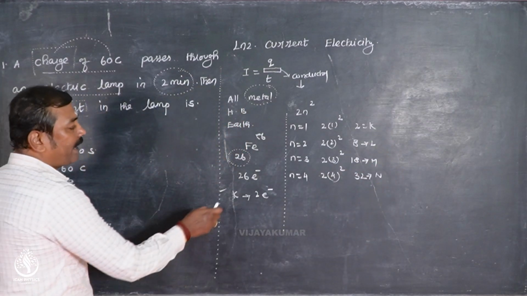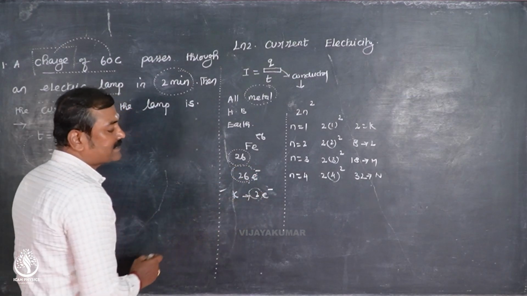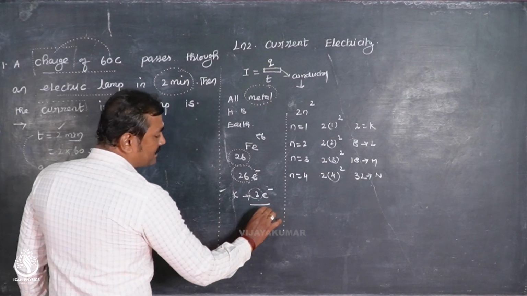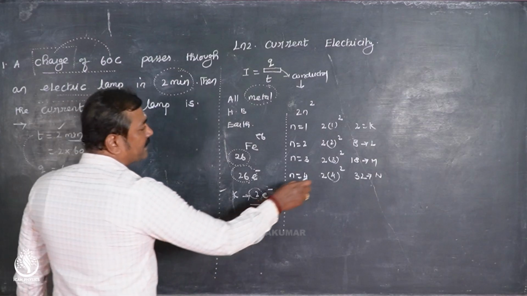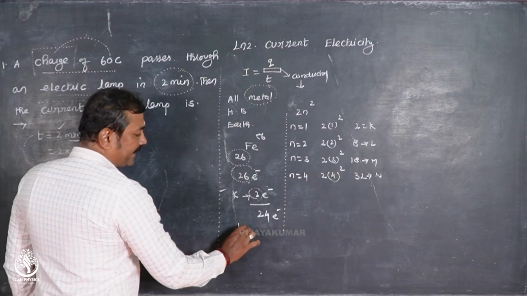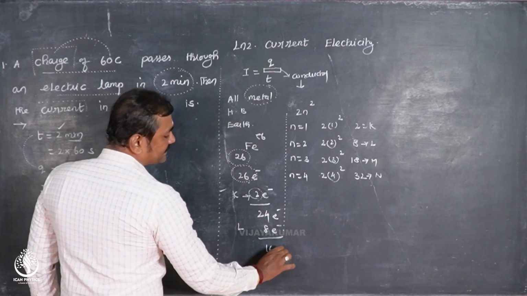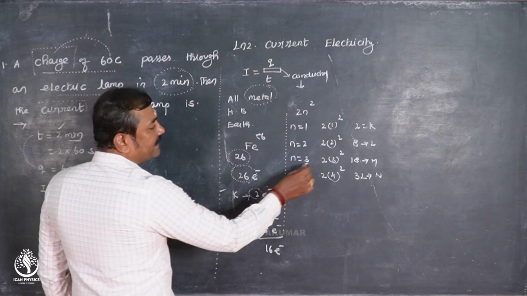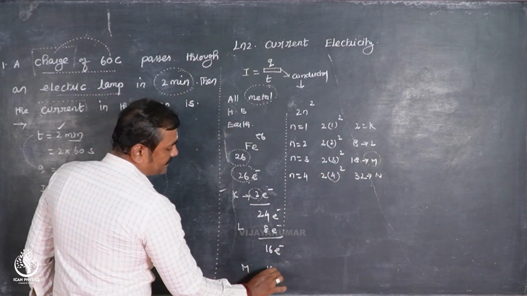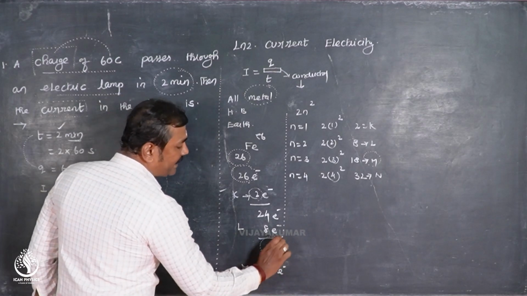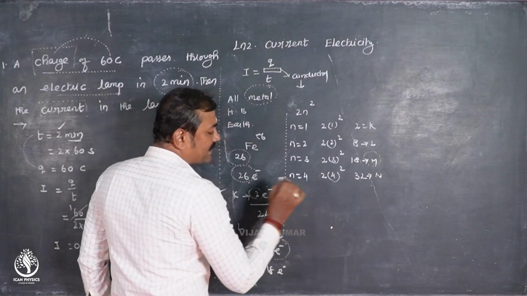Now we have 26 electrons. Among them, 2 electrons occupy the K shell, so we have 24 electrons. The second orbit is L, which can occupy 8 electrons, so the remaining is 16 electrons. The M shell can hold 18 electrons, but we have only 16. The nucleus is at the center.